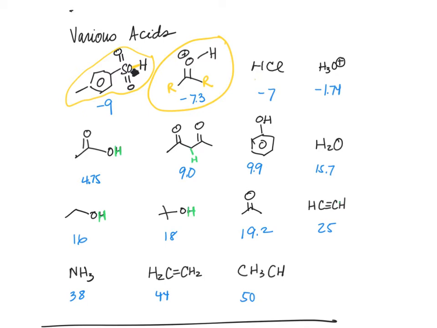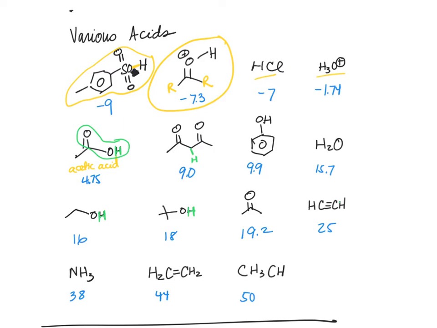You already know that hydrochloric acid is strongly acidic, and you know that the hydronium ion is very acidic. You probably remember that acetic acid is one of the more acidic neutral compounds, and that's because of the delocalization of the negative charge over the carbonyl and oxygen.